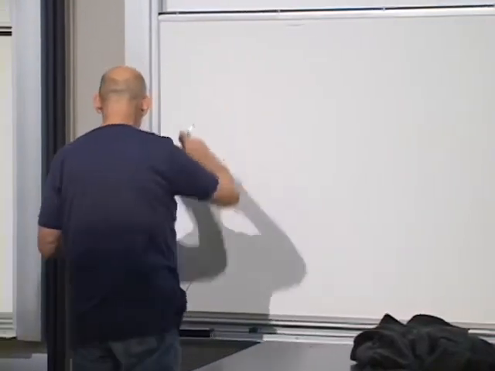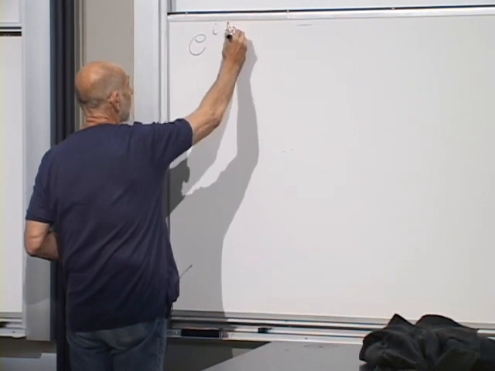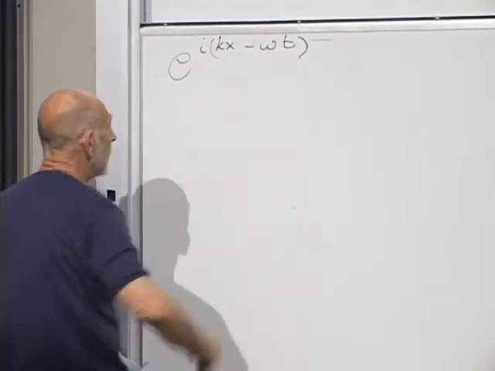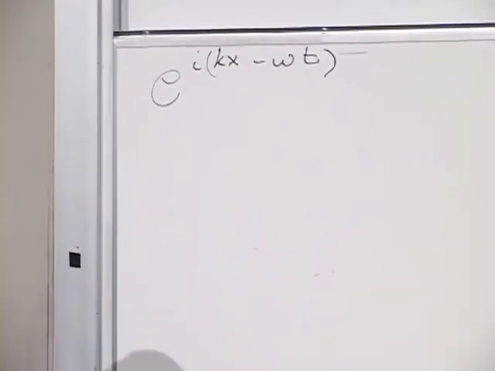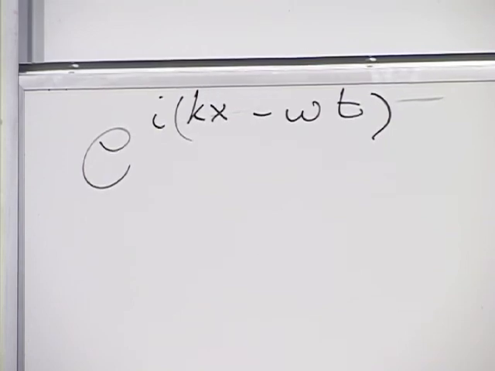Before I do, let's just write a function on the blackboard. Good old e to the i(kx minus omega t). Let k and omega be anything for the moment.